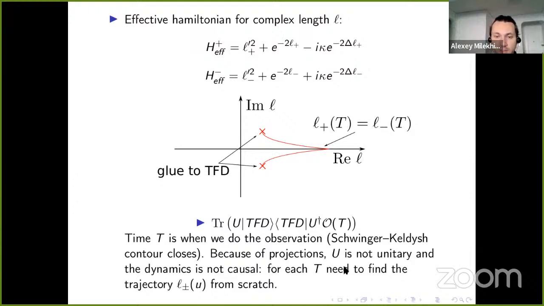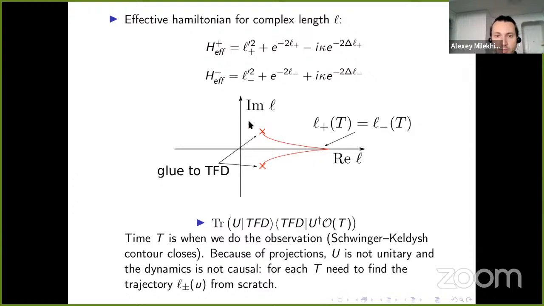But U is not unitary. So in the usual Schwinger-Keldysh, the plus and minus parts cancel out if you don't have any operator insertions. In our case, it is not true, because you have this non-causality coming from the fact that you know that you will project on a certain state in the future. And so for each t, you have to find the trajectory from scratch.